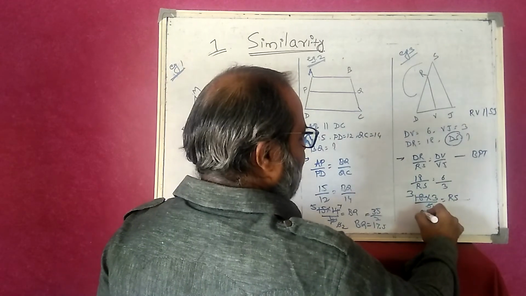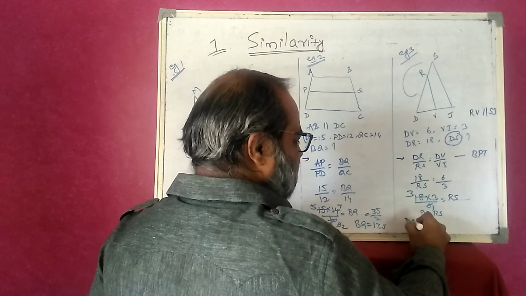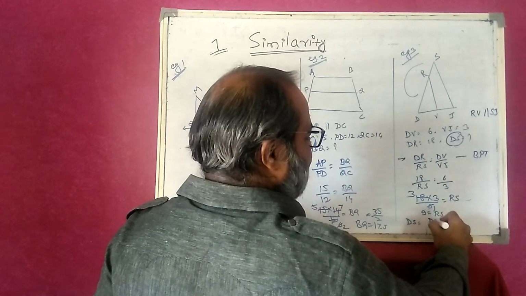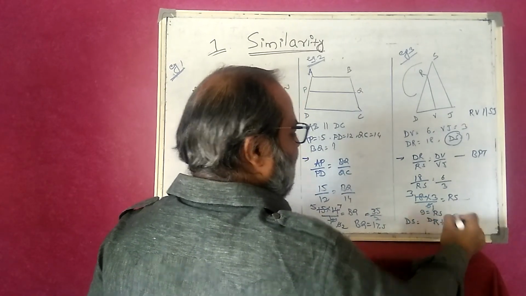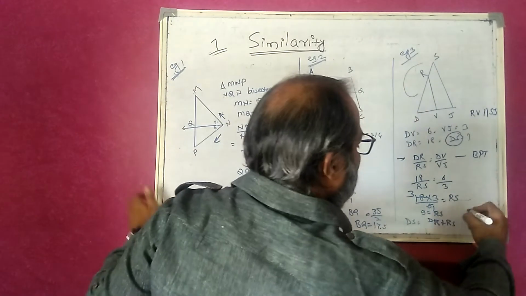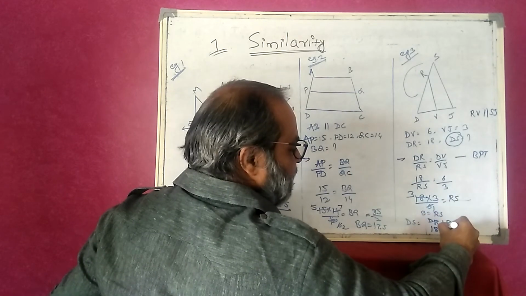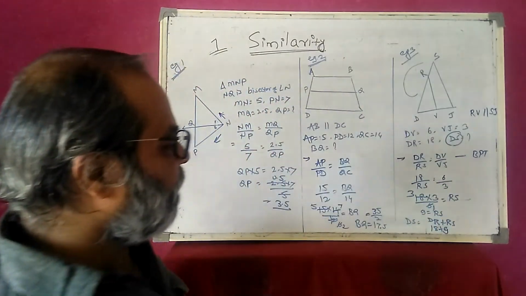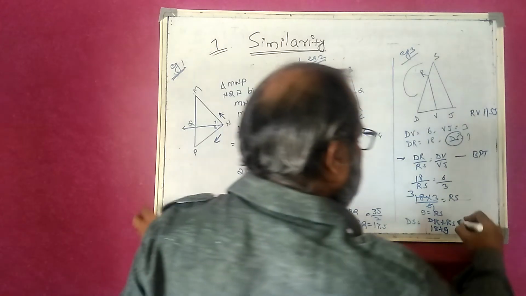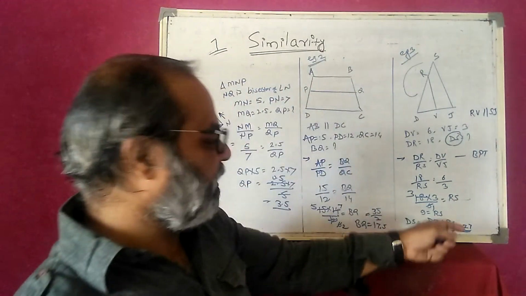So here it is 3 into 3, 9, equal to RS. But actually we just find DS. So what is DS? DS is DR plus RS. Very simple. DR, what is given? DR is 18. And what RS do we get? It is 9. So DS is 18 plus 9. So 18 plus 9 is 27. What you get is 27.